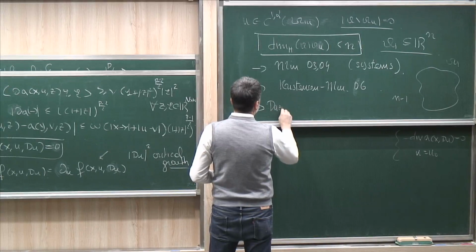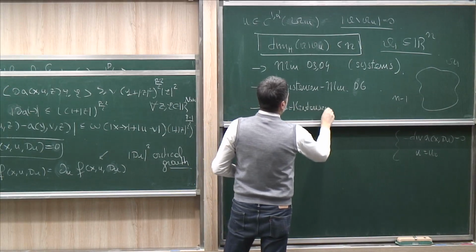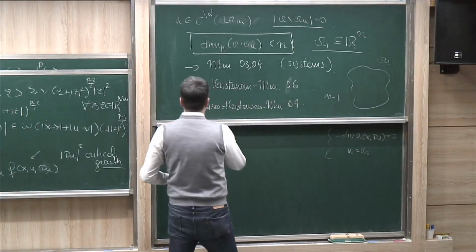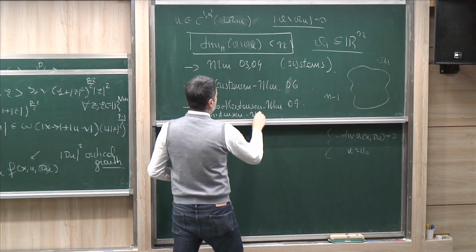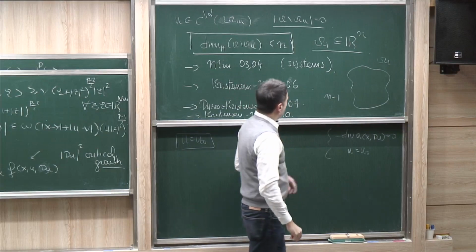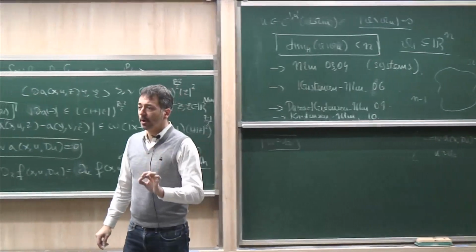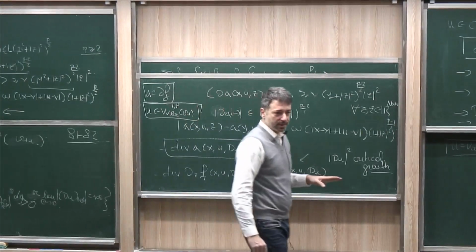One is by Dudza, Christensen, and myself, '07, for systems, and another one is by Christensen and myself, '10 maybe, for systems and functionals, once again proving that almost every boundary point with respect to the surface measure is regular under suitable assumptions.